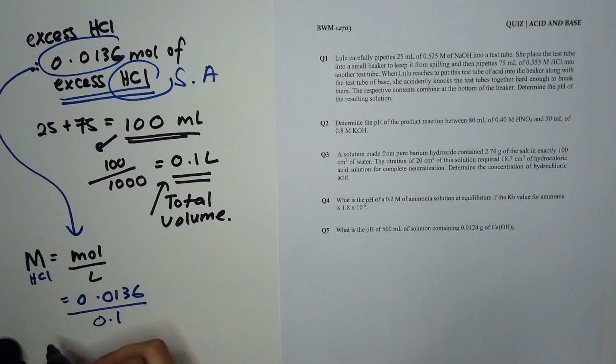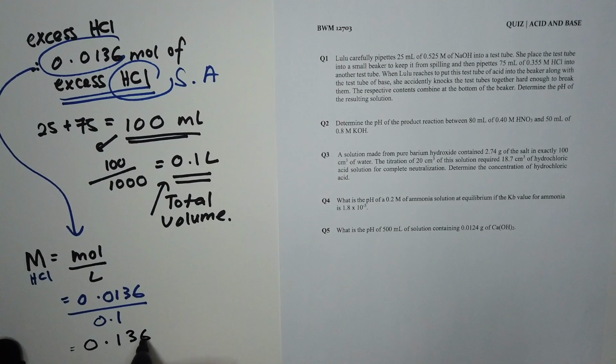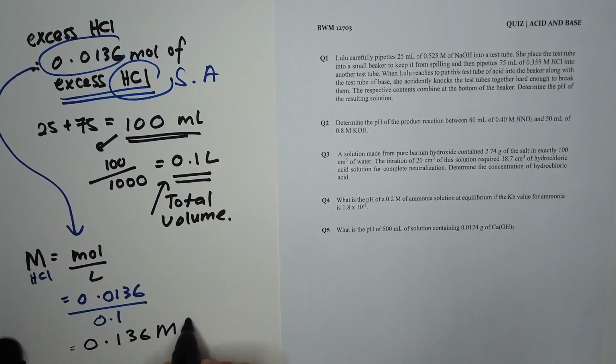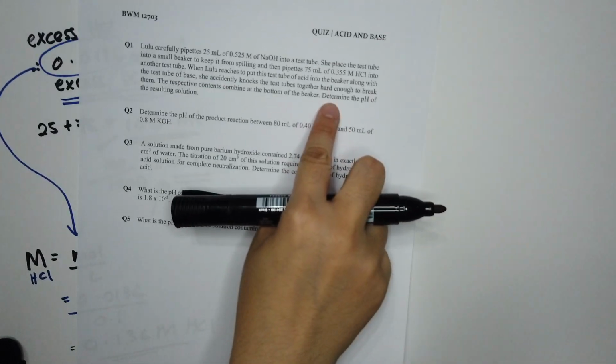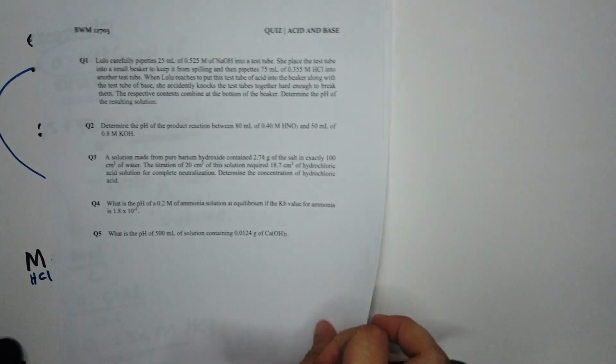So you should get a molarity of 0.136 molar of HCl.